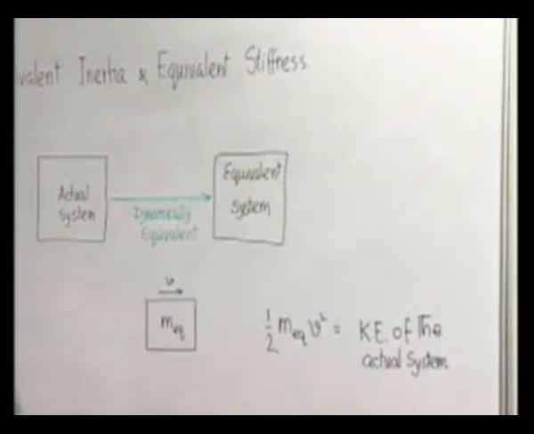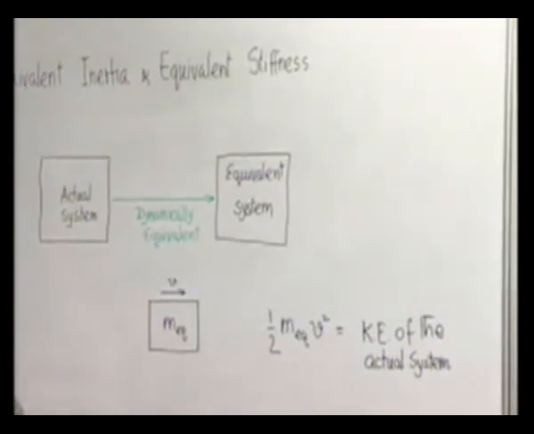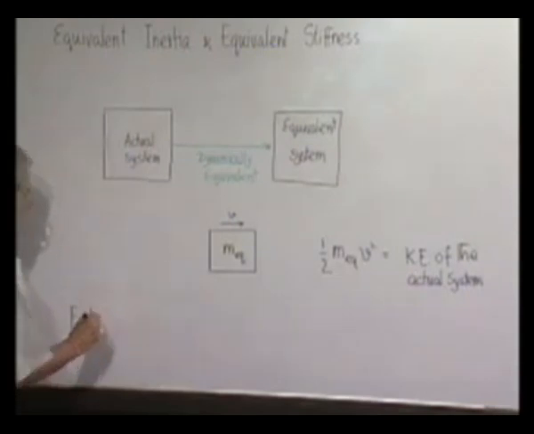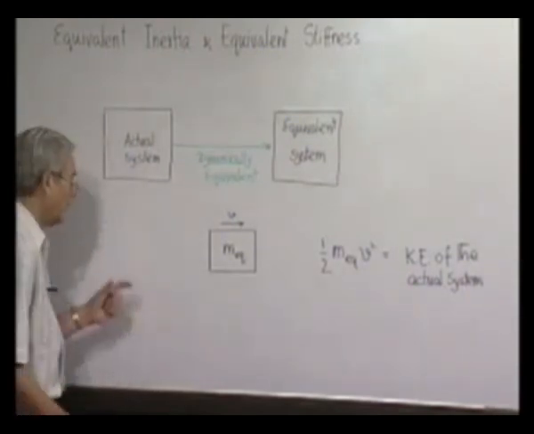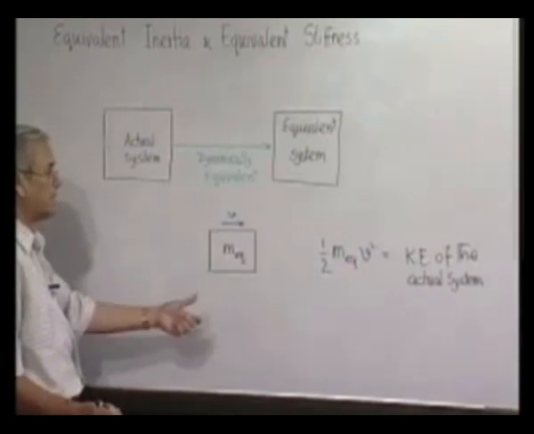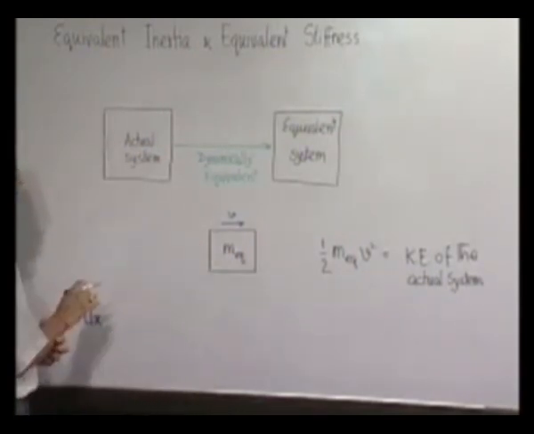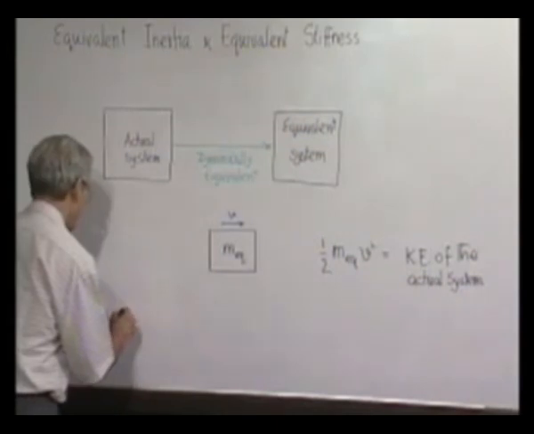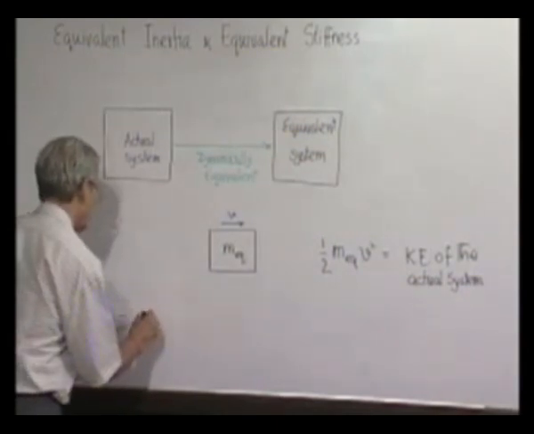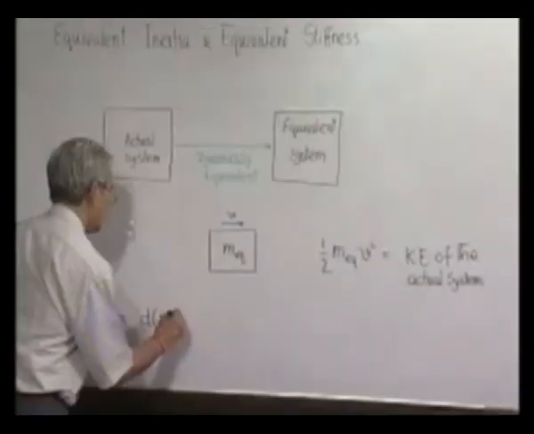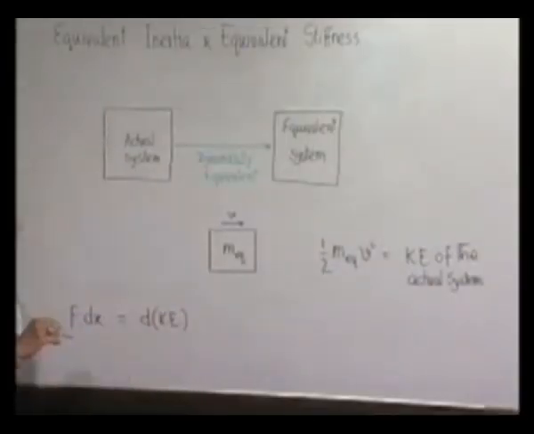Now, if we apply a force, we know that force, when it works through a small infinitesimal distance dx, is the amount of work done. That energy will go to increase the kinetic energy. If we consider that the potential energy remains same, then this will be nothing but change in the kinetic energy.